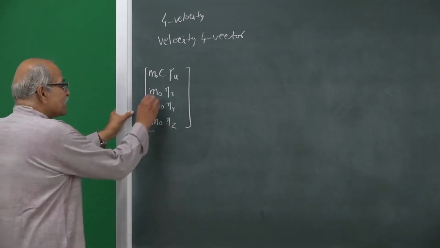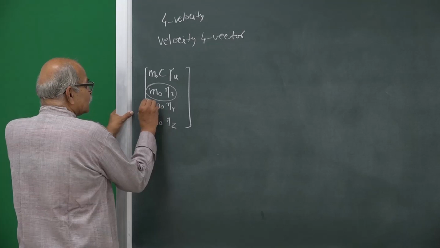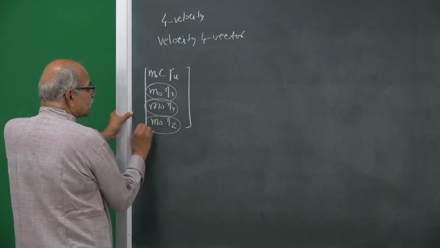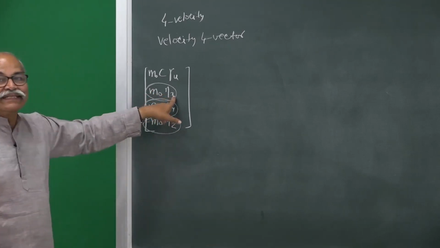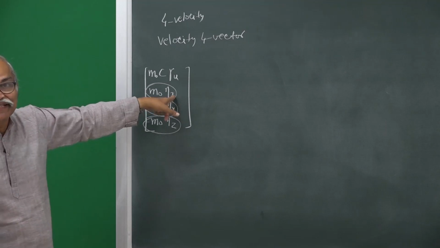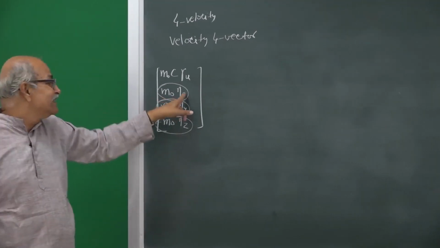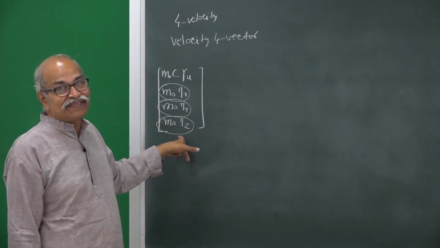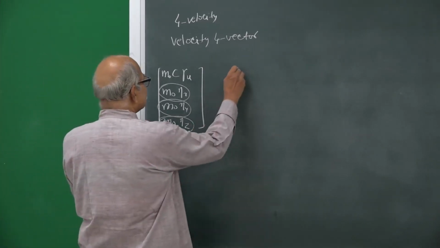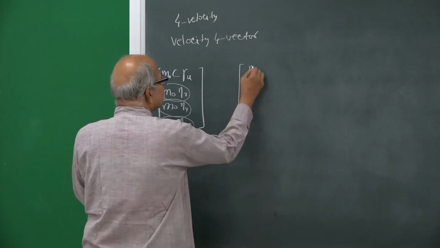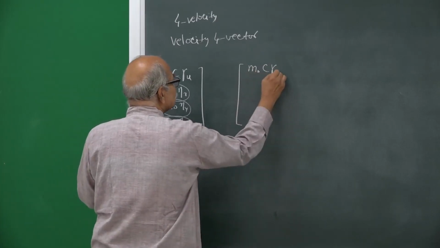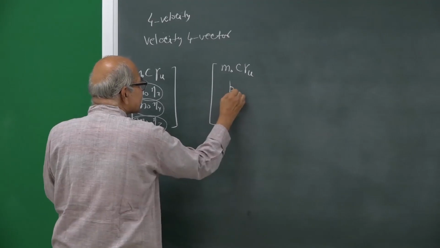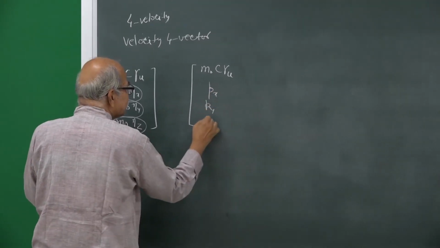Now, remember what this is. M naught times proper velocity. This is the linear momentum x component. This is the linear momentum y component. This is the linear momentum z component. So, you have m naught c gamma u and then px, py, pz.